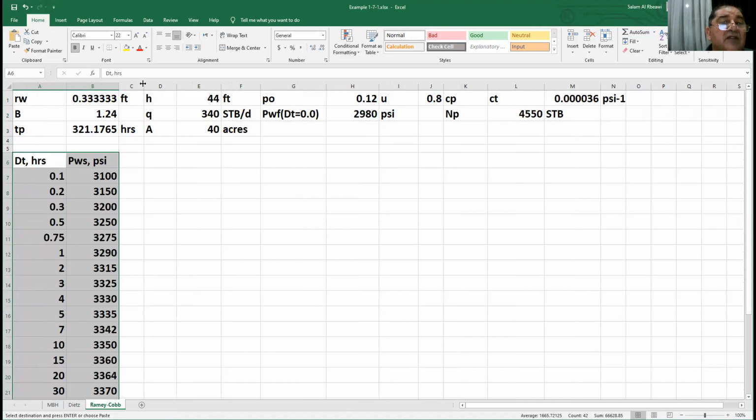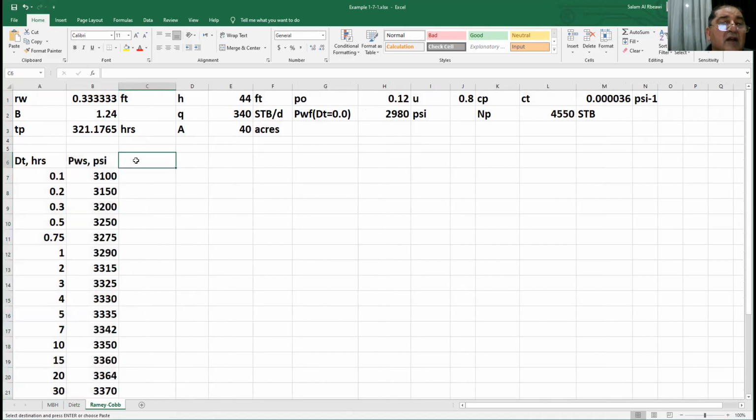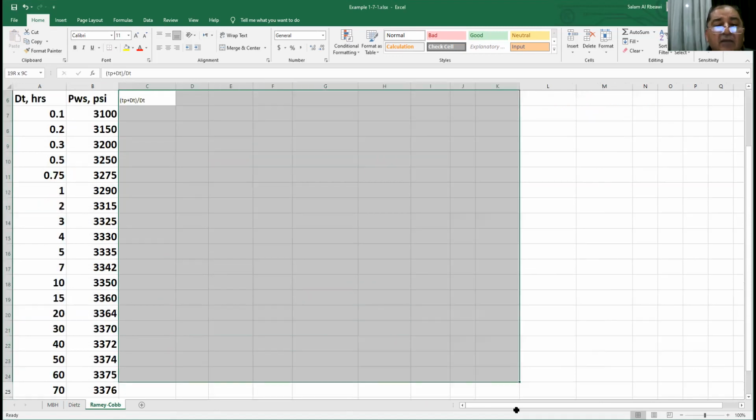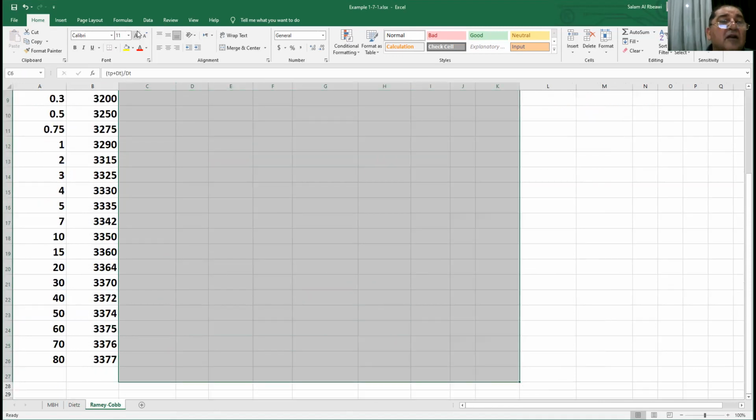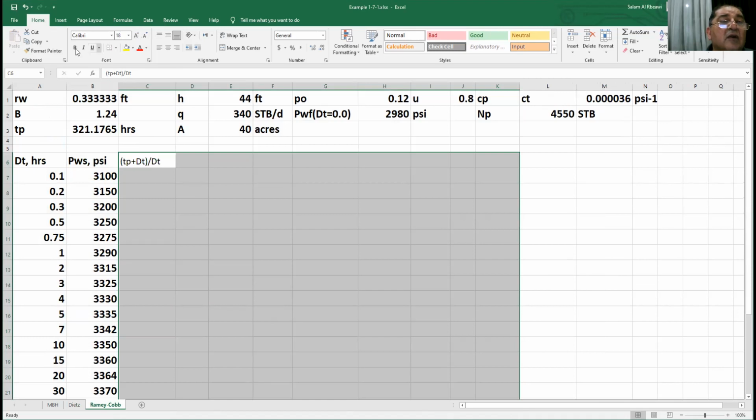Now what you need, as I said, for Ramey-Cobb, you have to do by Horner plot. So TB plus delta T divided by delta T. Let me increase the font here so we could see that clearly.